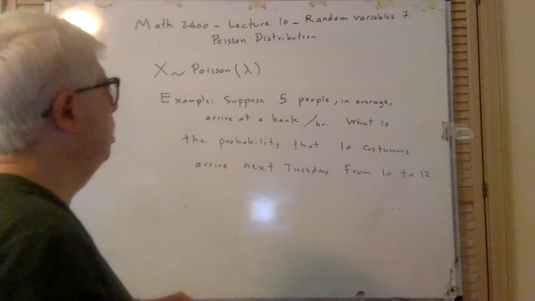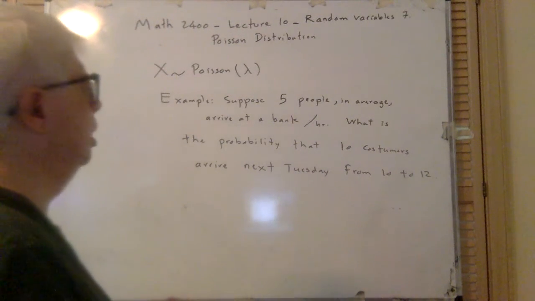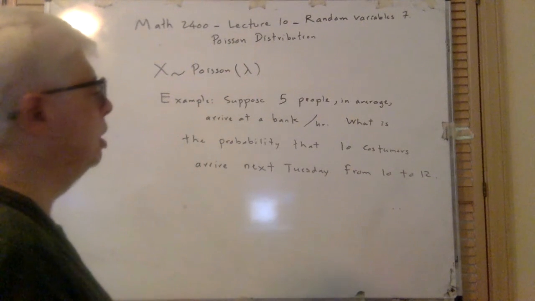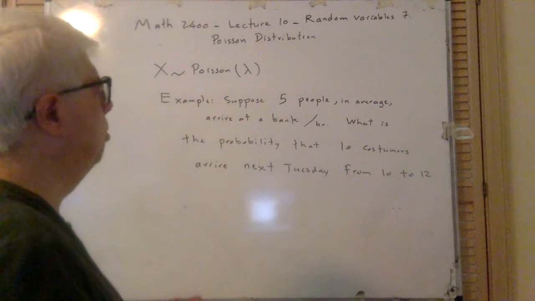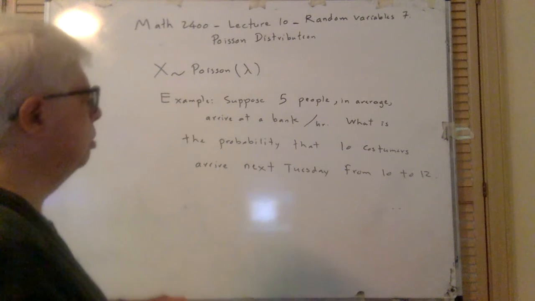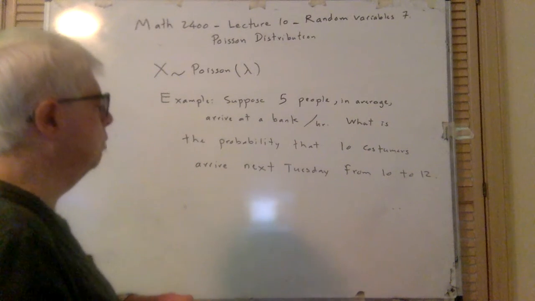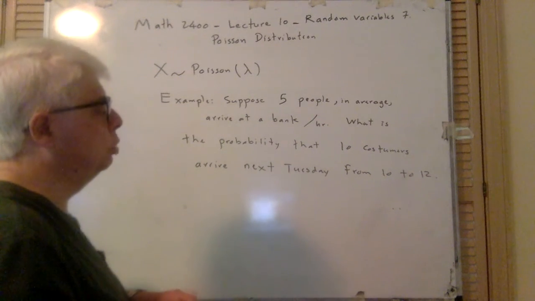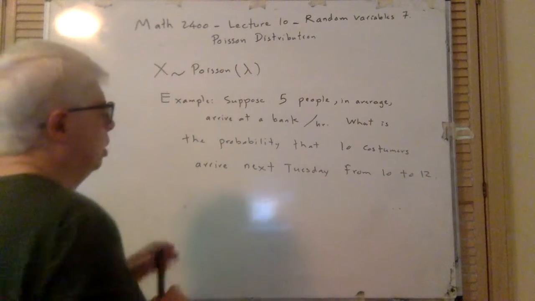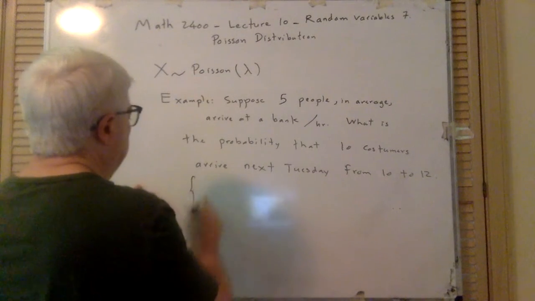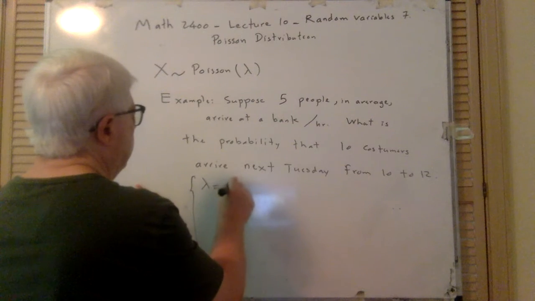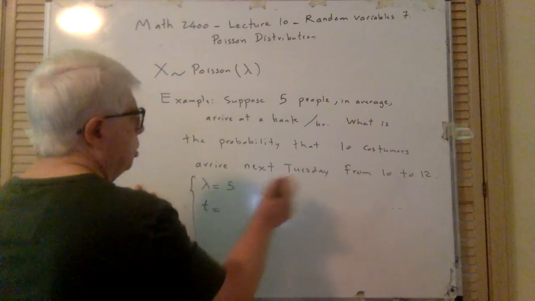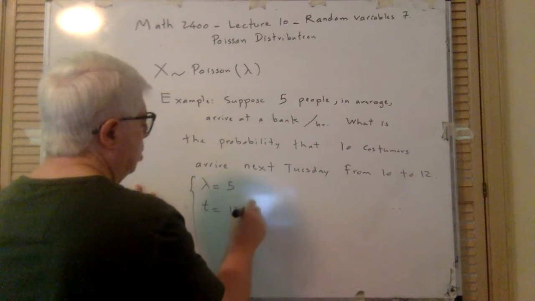Suppose we know that 5 people on average arrive at a bank per hour. What is the probability that 10 customers arrive next Tuesday from 10 to 12? Okay, so let's write down what we have here. Lambda is 5. The time period is 2, right? 12 minus 10 is 2.